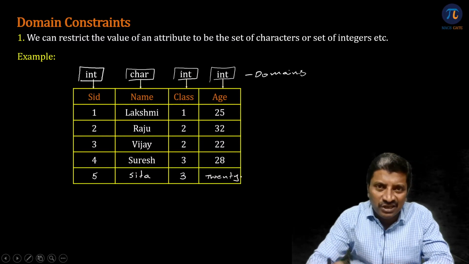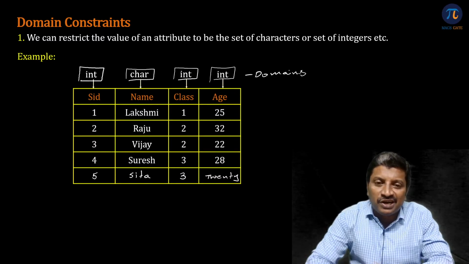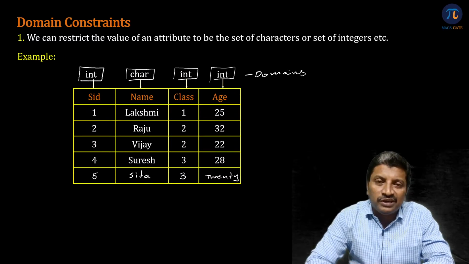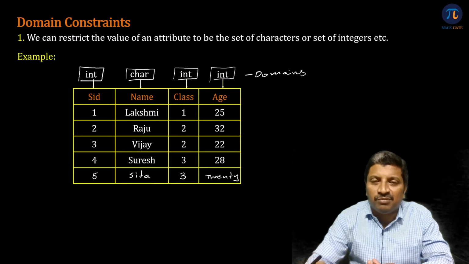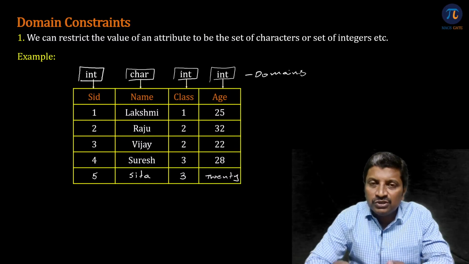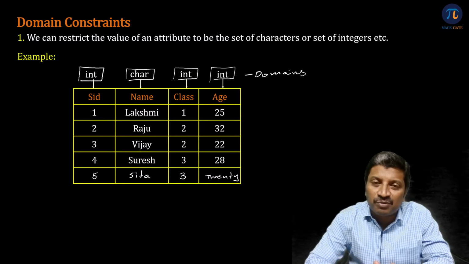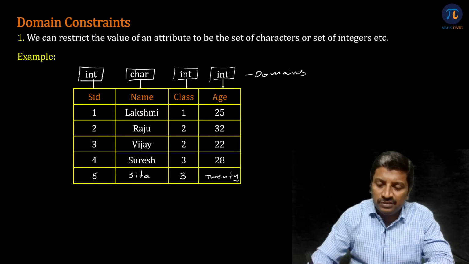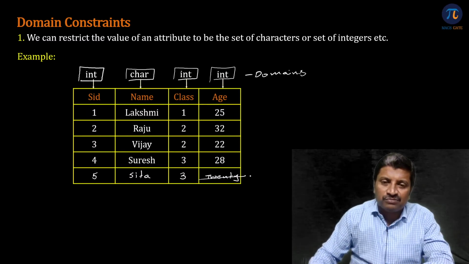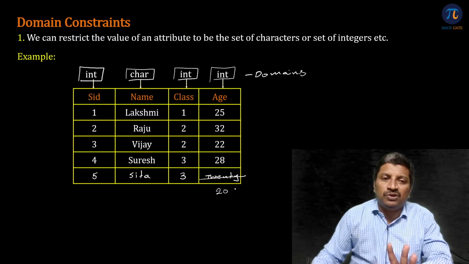Sir, our intention is the same 20 only, but the DBMS cannot understand the 20 in numerical format. You specified the value should be entered in the form of integers, but you entered it in the form of strings. It does not consider the semantics of the entry; it will only consider whether it is an integer or not. So if you write like this, it is not allowed. Compulsorily we need to write 20 only.